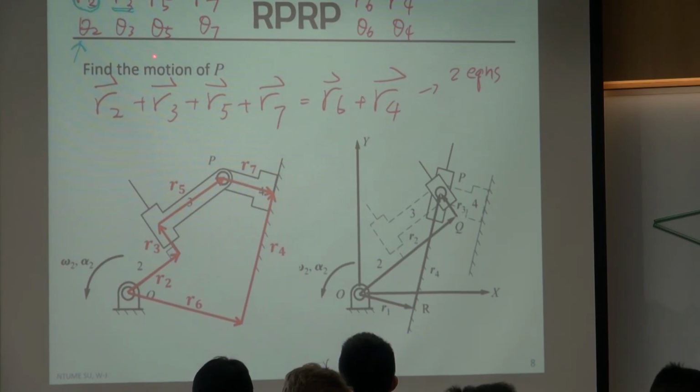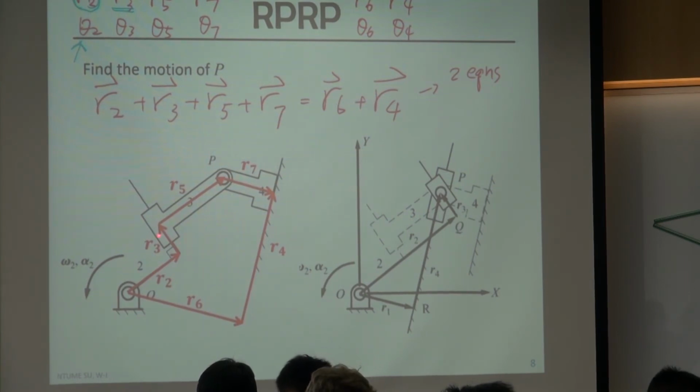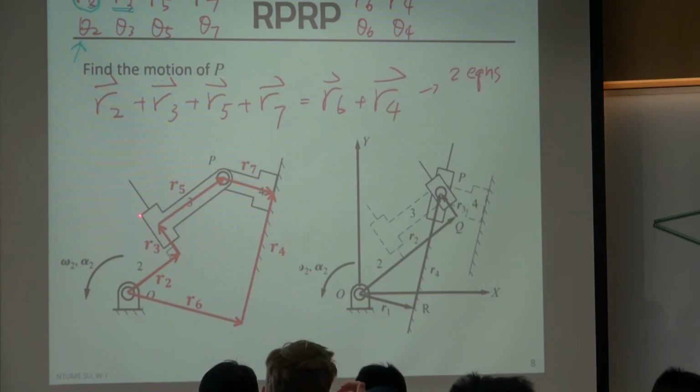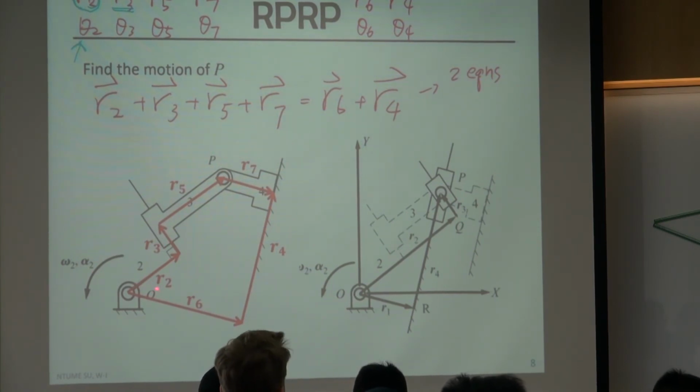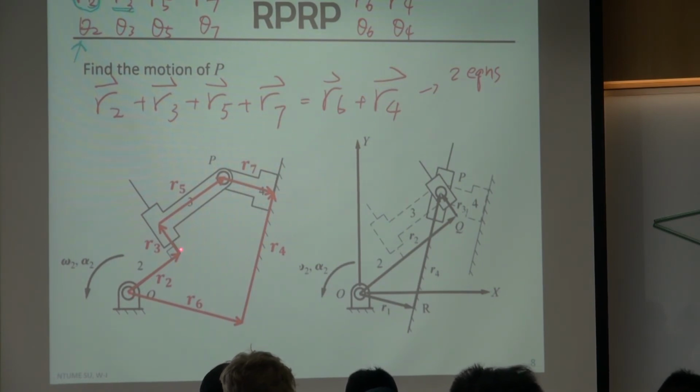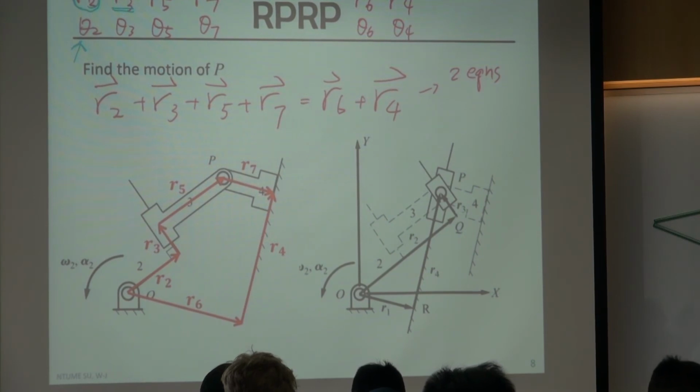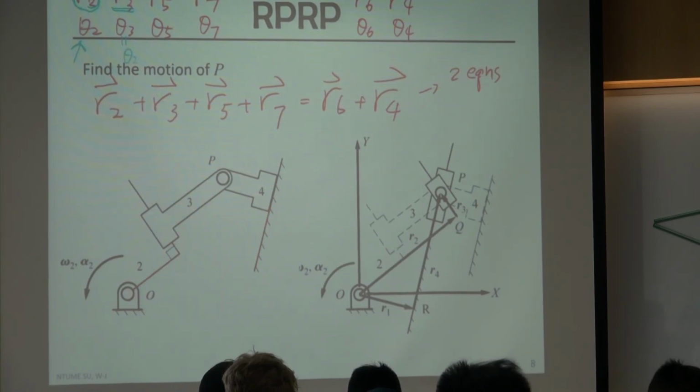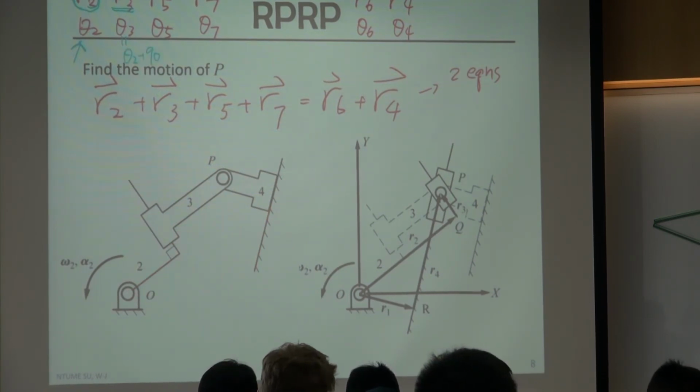How about theta 3? Theta 3 is rotating as well, but it's similar to the case we discussed previously. Theta 3 is just perpendicular to theta 2. So I should say R3 is perpendicular to R2. They form a constant angle, so theta 3 is theta 2 plus 90 degrees.